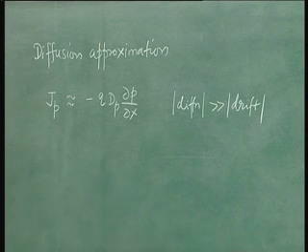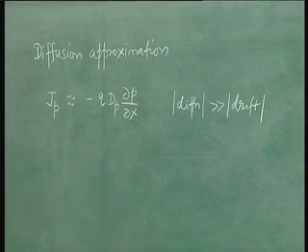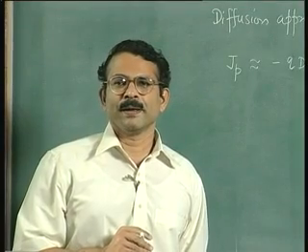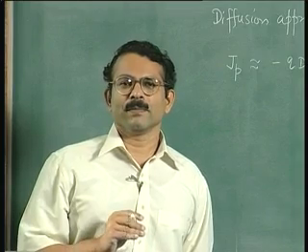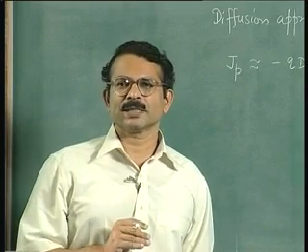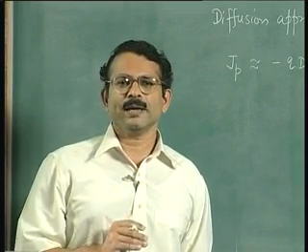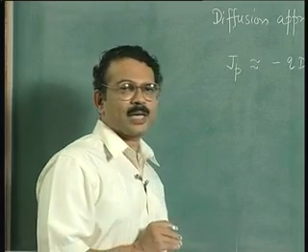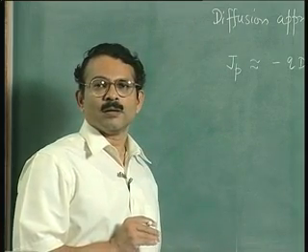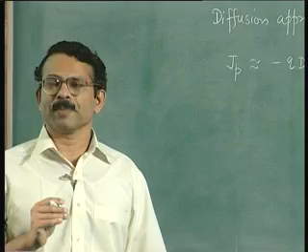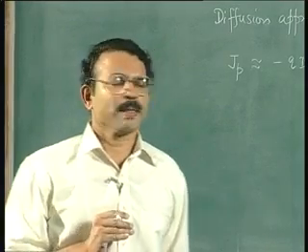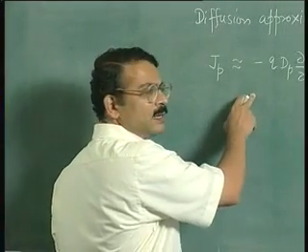Now an example of a situation where this kind of thing is valid is when low injection level prevails in a region of the device. We find that the excess carrier concentration, or rather the minority carriers, can be described by this particular approximation.